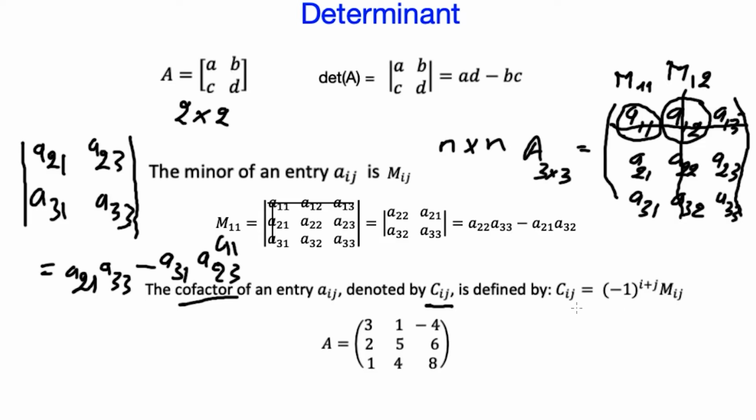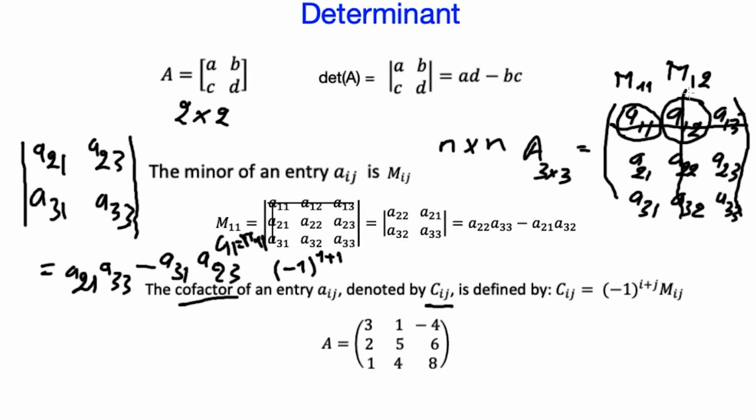For example, in this case here, C11 will equal M11, because here we have (-1) to the power of 1 plus 1, which is 2, so it is 1, so it equals M11.